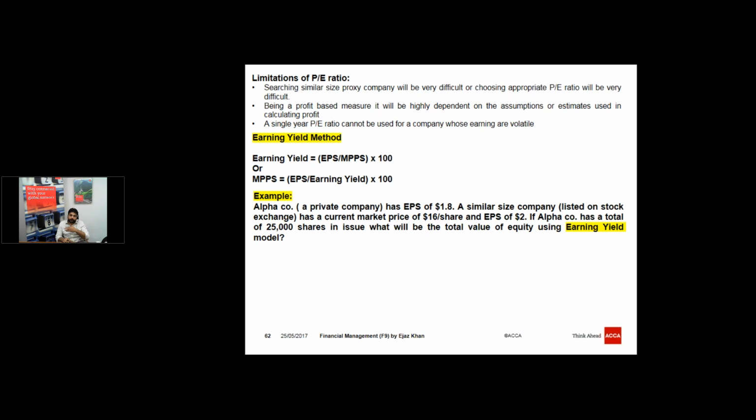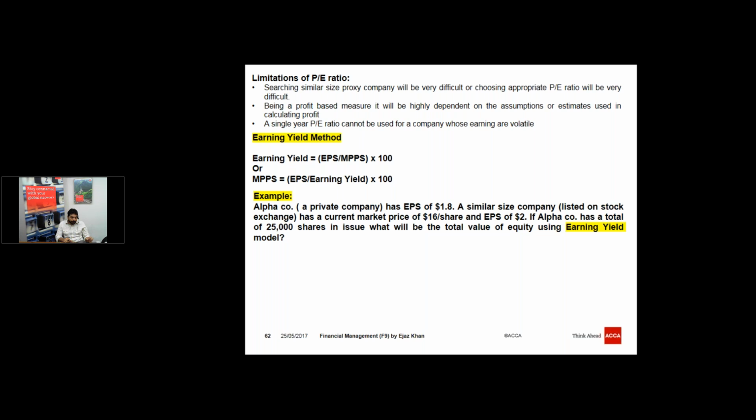So it might result in a different profit. Since the PE ratio is a profit-based measure of valuing shares, the profit will be dependent on the accounting principles or estimates used. So there will be a difference.